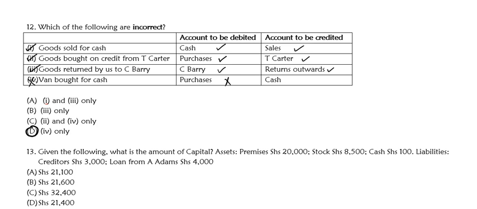When a business buys a van, the van's account should be debited, not the purchases account. We use the purchases account in case goods have been bought for purposes of resale. You buy goods for resale, then those are purchases. But this is a van which is bought, not for purposes of resale.